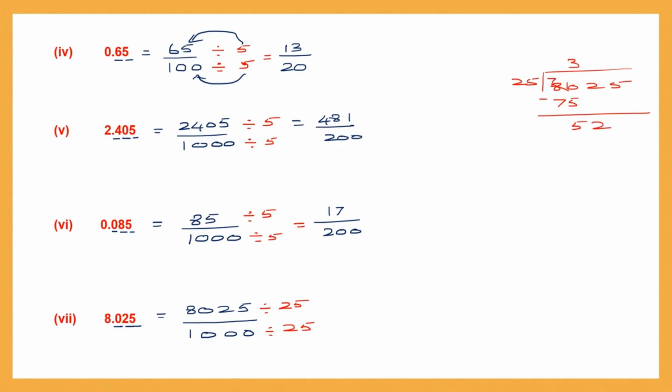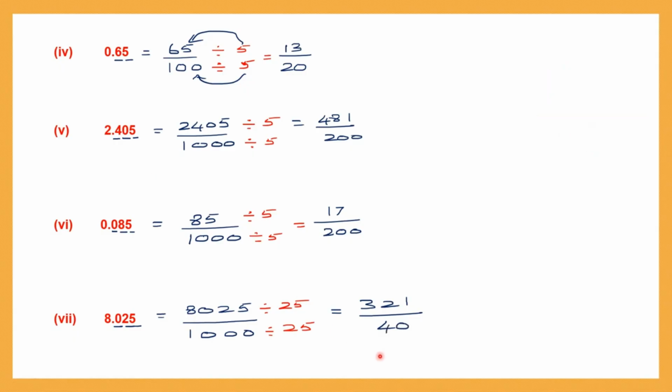I bring down 2, I get 52. 25 2s are 50, minus 2 and then you bring down 5. 25 1s are 25. So we get 0. That means 25 into 321 will give us 8025. Now 25 into what is 1000? 25 40s are 1000. So we have got our answer, 321 by 40.